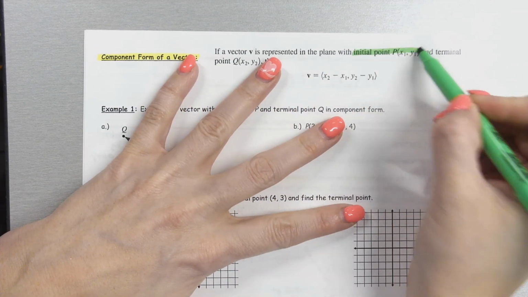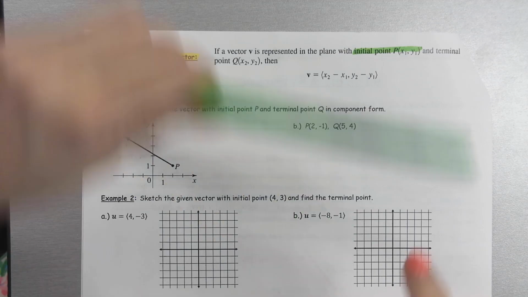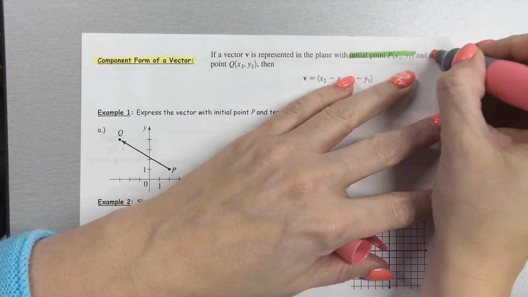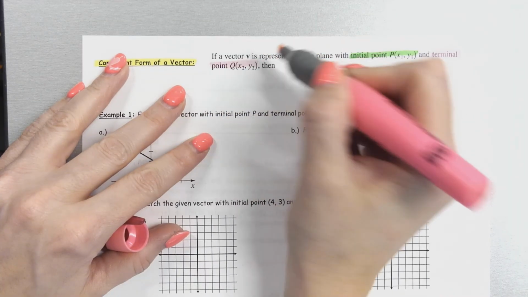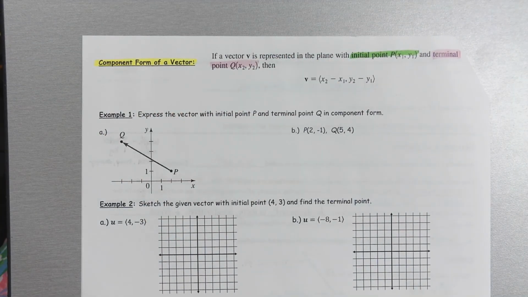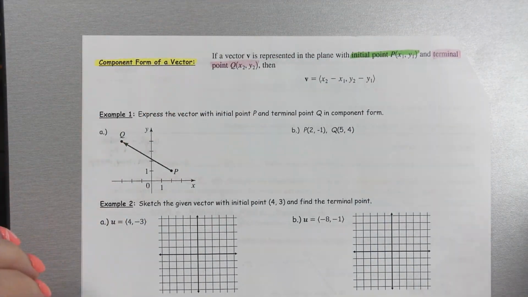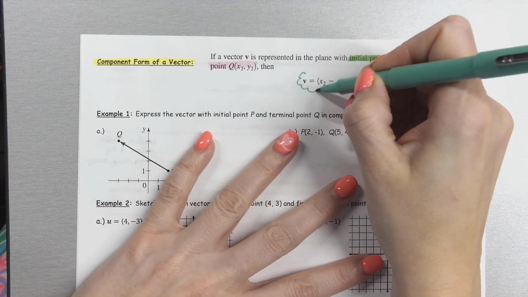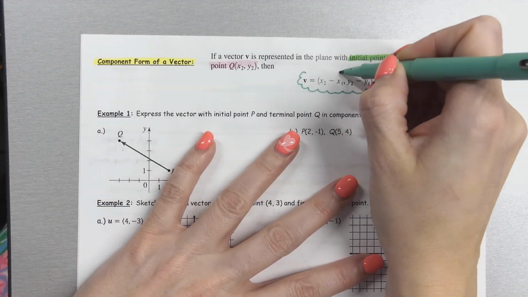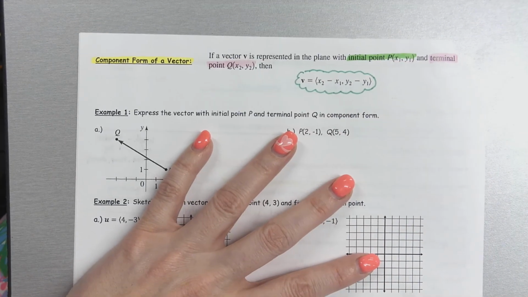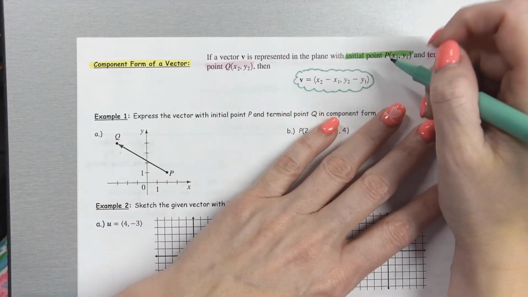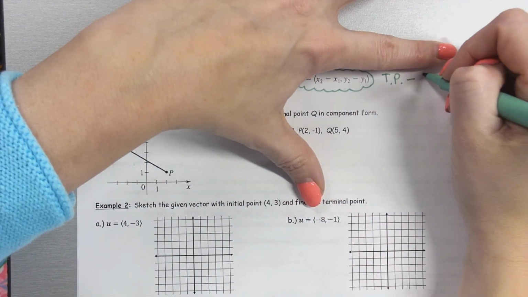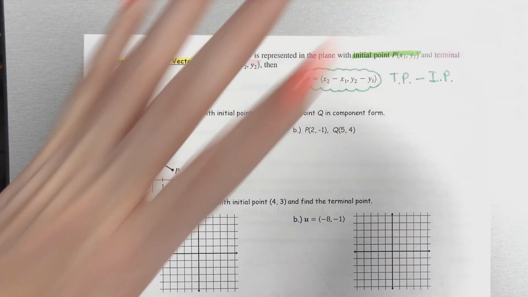Your initial point, P, is denoted as x1, y1, and the terminal point, Q, is x2, y2. All you have to do is x2 minus x1, and then y2 minus y1. So you always take the terminal point and subtract the initial point.